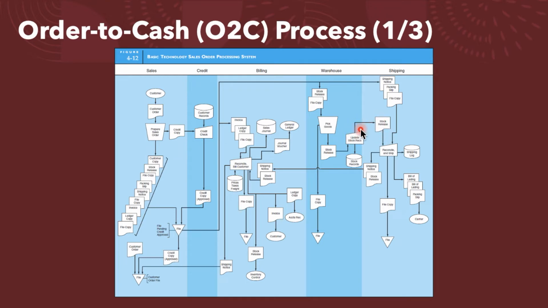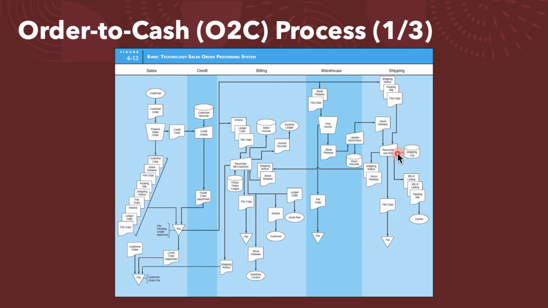yung goods, no, they will forward it to the shipping, and of course they would need to compare the stocks forwarded to them by the warehouse and the shipping. They will now be comparing also the file copy of the customer order, and if sila ay nagmatch, no, together with the shipping notice, the packing slip na ginawa ni shipping, they will now reconcile.